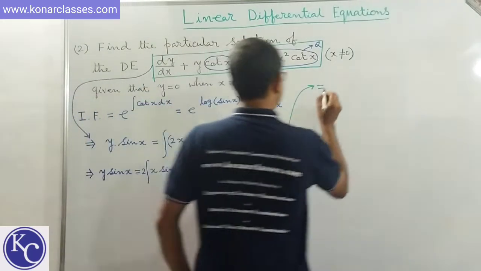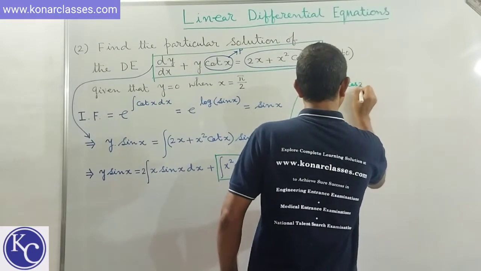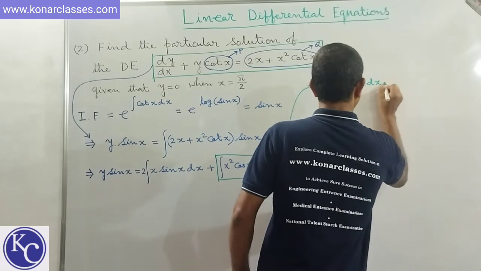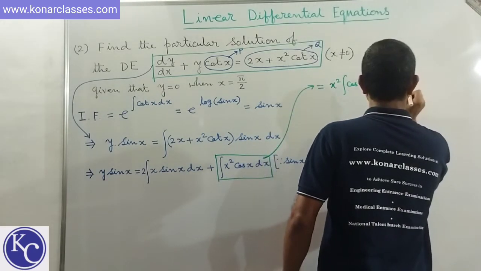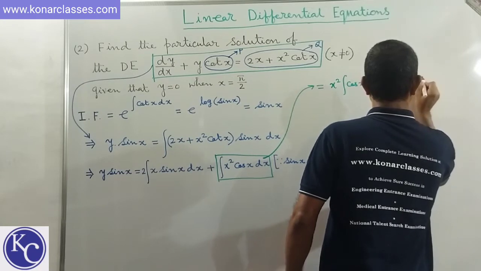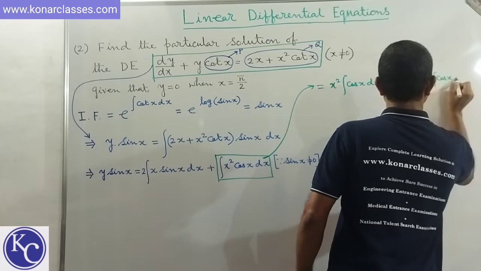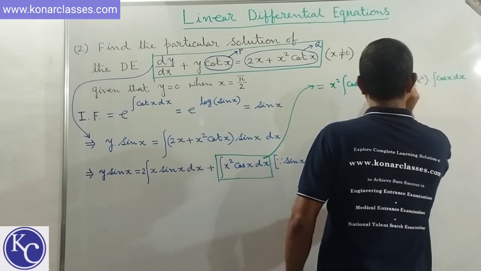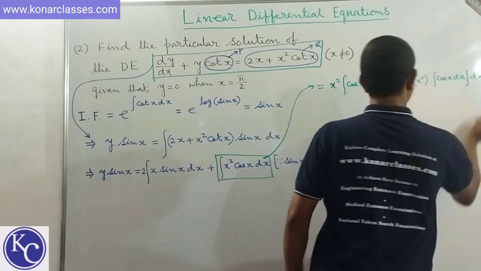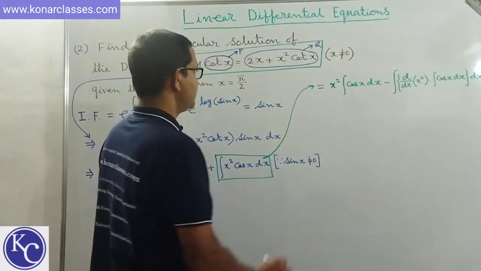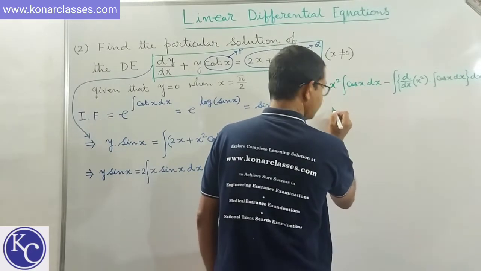So this is equal to what, dear students? This is equal to x square integration cos x dx minus integration of d/dx of x square into integration cos x dx, and this entire thing is integrated. That is the integration by parts. So the integration of cos x is sin x.